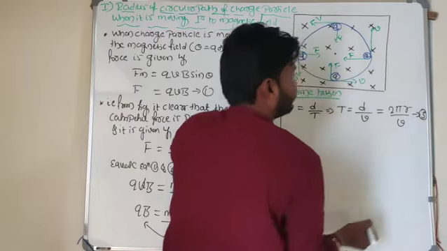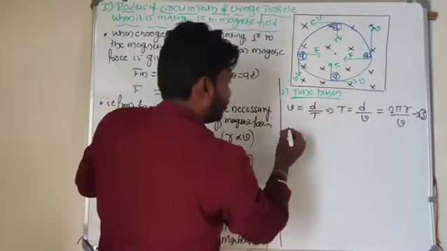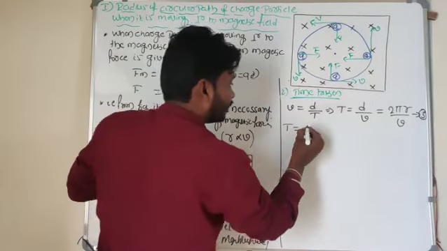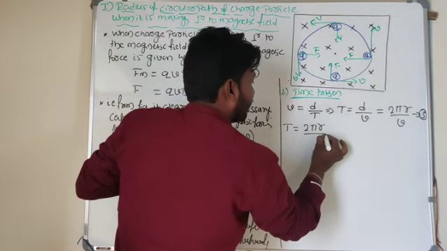So this is equation 3. Time period means time taken by the charge particle to complete one revolution, so that equation is 2 pi r by v.